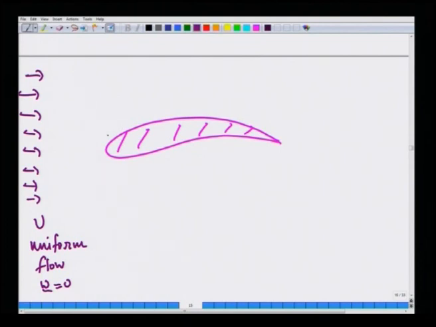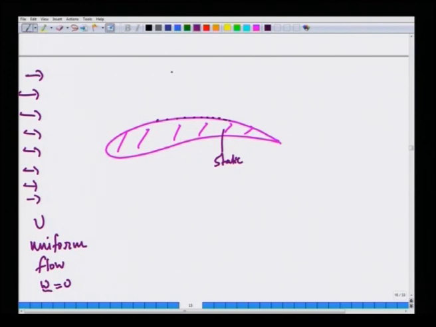The moment it reaches close to the airfoil, what is going to happen is that in reality on the surface of the airfoil there is the no slip condition. Let us assume the airfoil is stationary, the fluid is moving. So, at each and every point on the surface of the airfoil, there is a no slip condition which forces the fluid to reach 0 velocity.